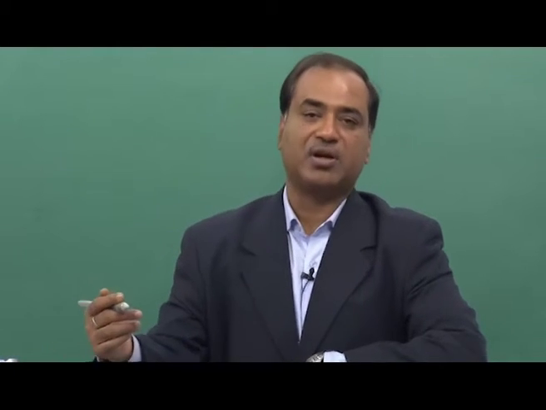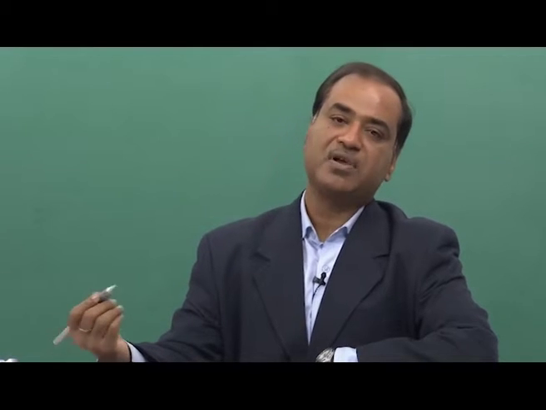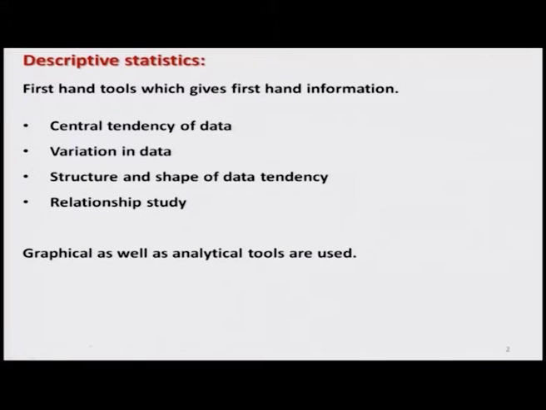So, whenever we are talking of the features of data, there can be various aspects. Those different features can be, for example, the central tendency of the data, that means where the data is mostly concentrated. Then what is the variation in data? That means how dispersed the data is usually from the central value. Then we would like to study also the structure and shape of the data and what its tendency is.